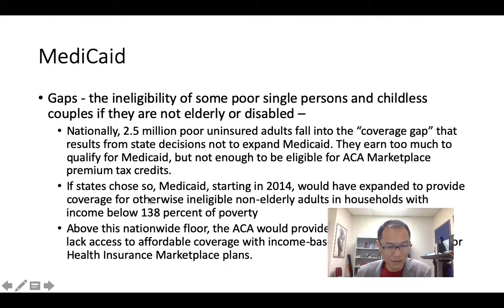Many states decided to expand their Medicaid program to cover non-elderly adults in households with income below 138% of the federal poverty line. So this means adults can be covered up to 138% of the FPL in some states. And many states did not have this expansion program for adults.